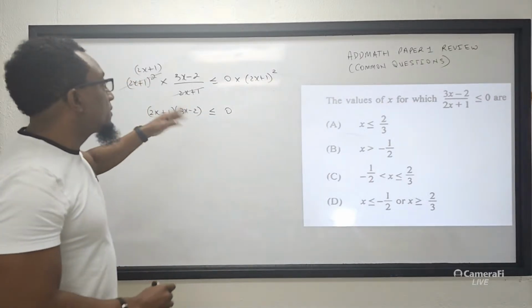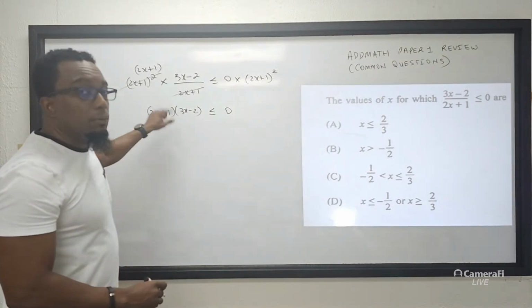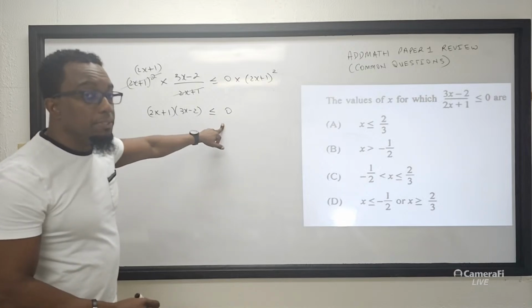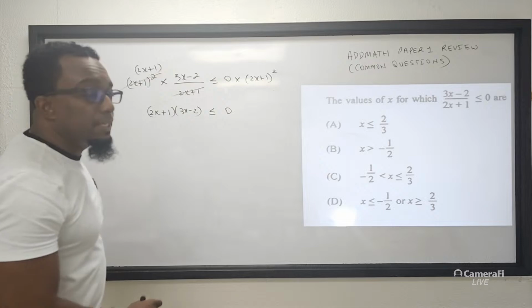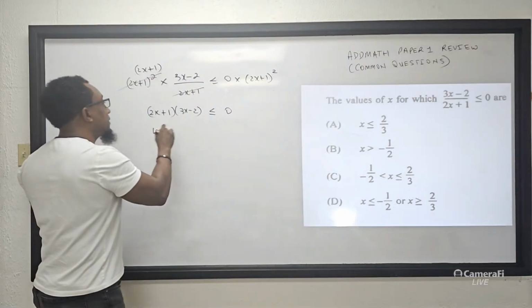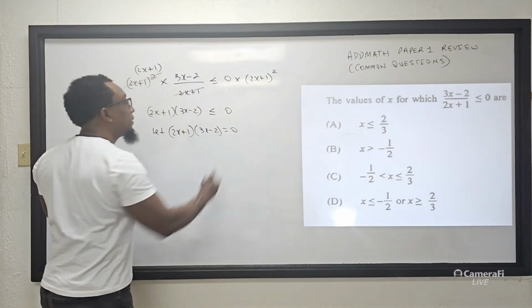So this here is a quadratic inequality. If I expand this, I'm going to get a quadratic expression. I have my inequality symbol and 0, which makes it a quadratic inequality. So to solve this quadratic inequality, I need to get my roots, just like what I did with the question before. So I'm going to let 2x plus 1, 3x minus 2 equal to 0.